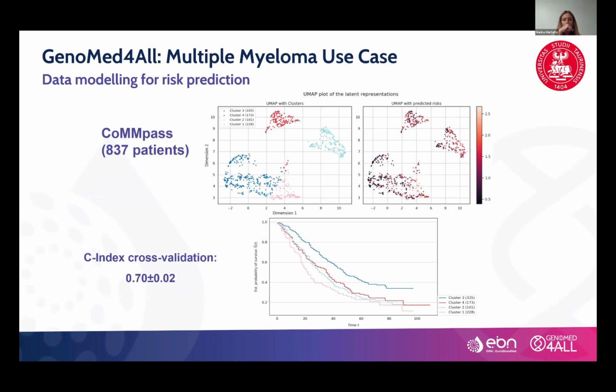As you can see from this UMAP plot, 4 different clusters have been identified with a specific C-index.